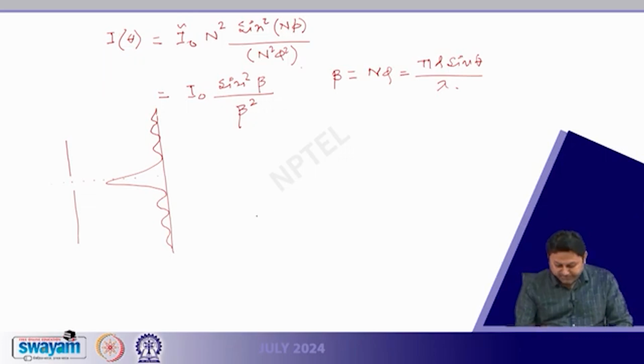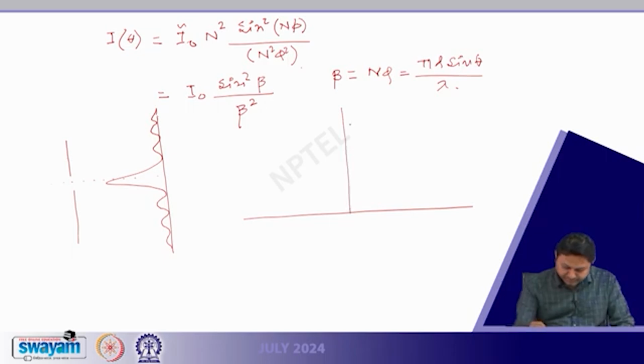If I draw this function, that will be a central maxima, and we have a symmetric kind of distribution of the intensity like this. So, that is the intensity pattern one can expect.